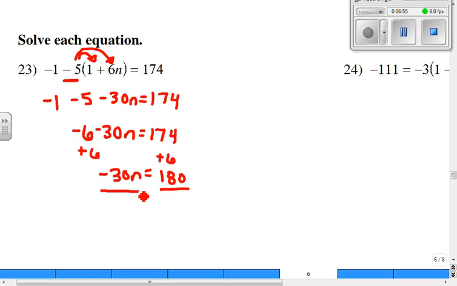Then I'm going to divide both sides by my coefficient of n, which is negative 30. Tells me that n is equal to negative 6. So how did I do that? I just take away my 0. How many times does negative 3 go into 18? Negative 6. N is equal to negative 6.